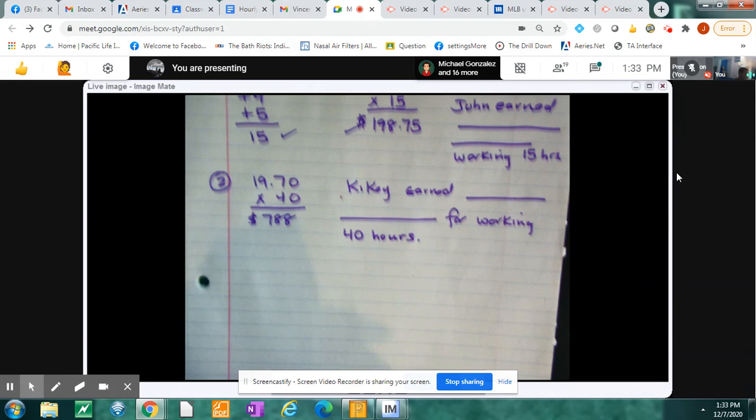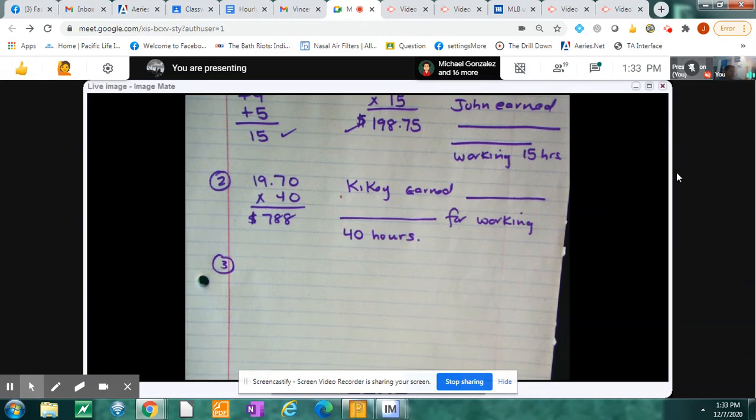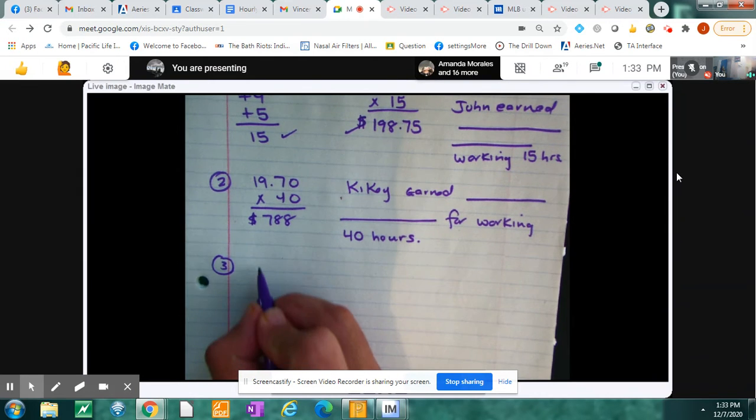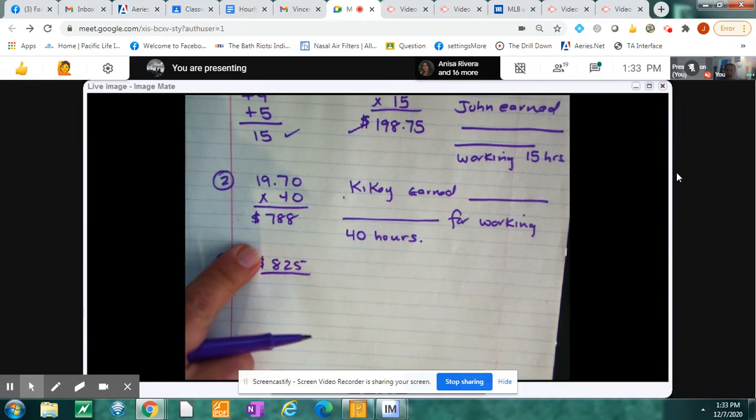All right, number three says Wiley wants to know if his employer was paying him the correct hourly rate. So he just wants to know the hourly rate. If he made $825 but he worked 70 hours, how much is it per hour? Remember, you're going to get a quiz on this next week. Now here you have to divide.